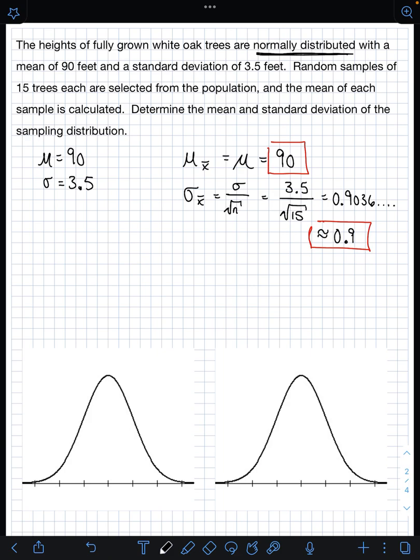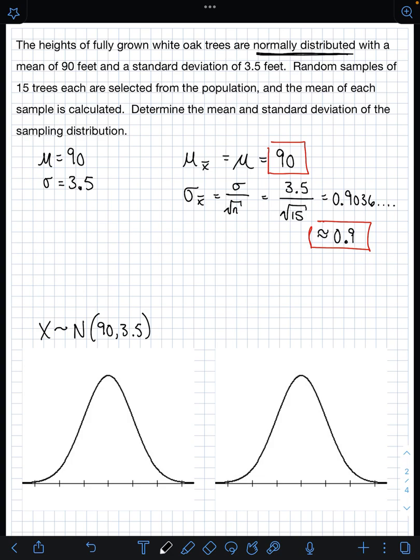So this first one is going to be the distribution of our random variable x, which is the height of the oak trees, and it is normally distributed with a mean of 90 and a standard deviation of 3.5.